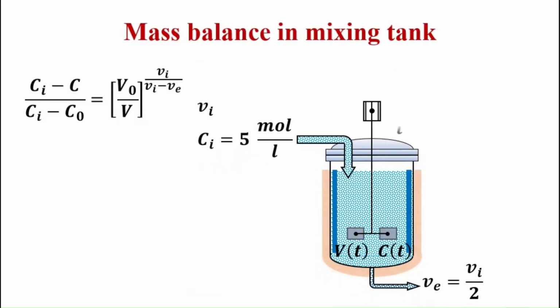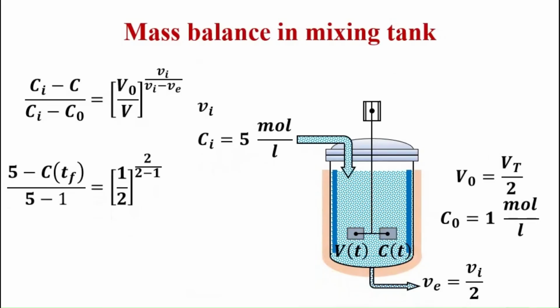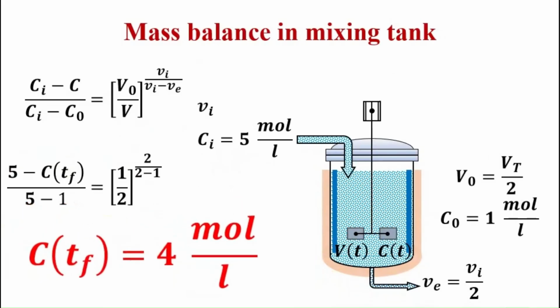Given the inlet concentration, the initial concentration, and the fact that the inlet flow rate is twice the outlet flow rate, we can substitute these values into our final expression to calculate the concentration at the moment the tank is filled. Although the given data initially appeared insufficient, this example demonstrates how a properly constructed mathematical model and mass balance can successfully solve the problem.